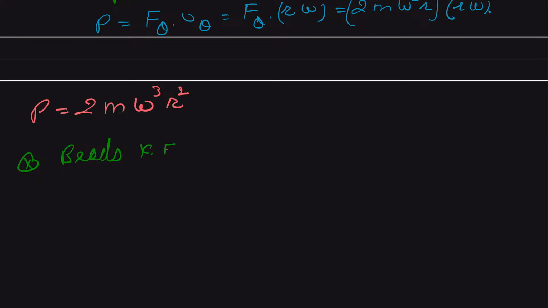The bead's kinetic energy, let us suppose that is given as K, and we know that it is half m v square, and the velocity we already know.